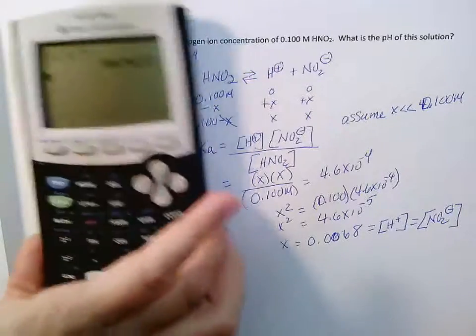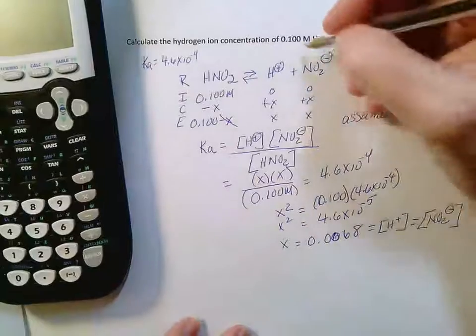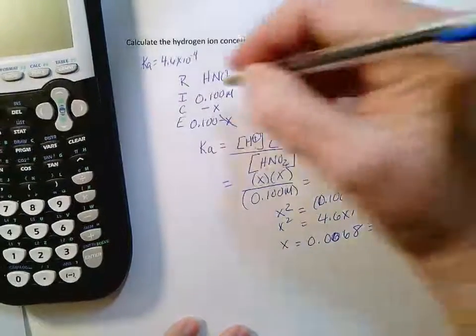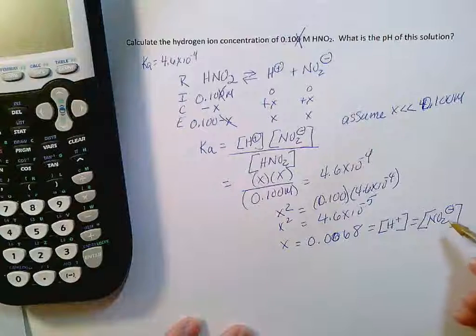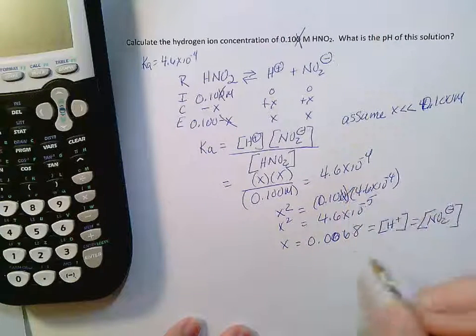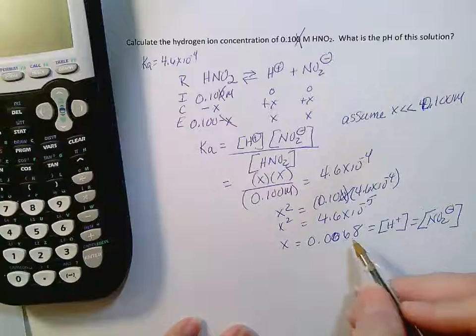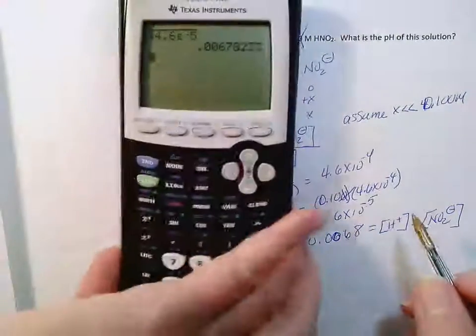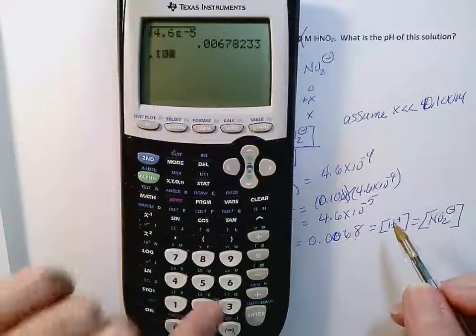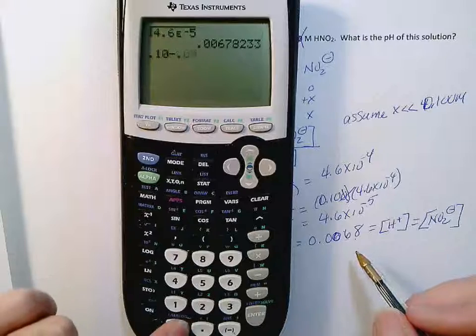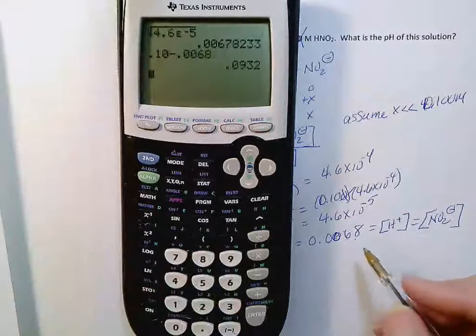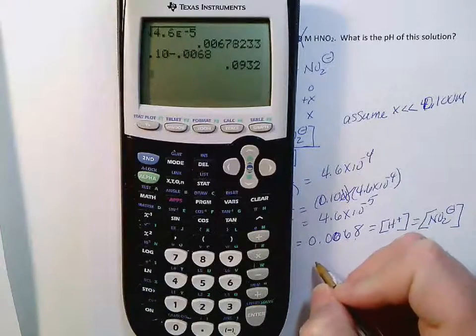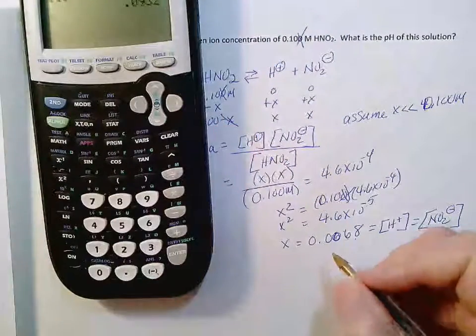I'm going to go back and change this problem a little bit, and let's just make it 1.0. Get rid of this second 0. And so that would make this, if I subtract it from 0.10 minus 0.0068 equals, it would affect it, so I could not make this assumption.